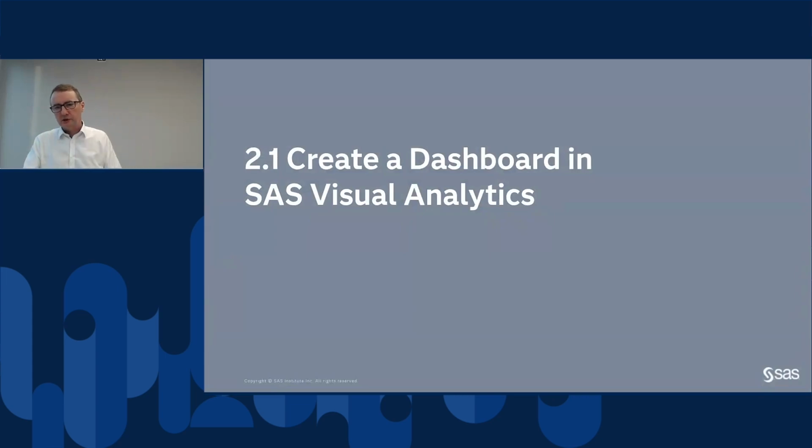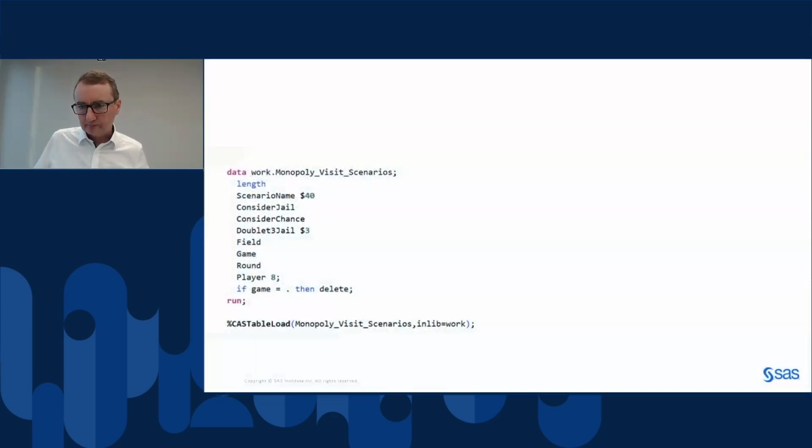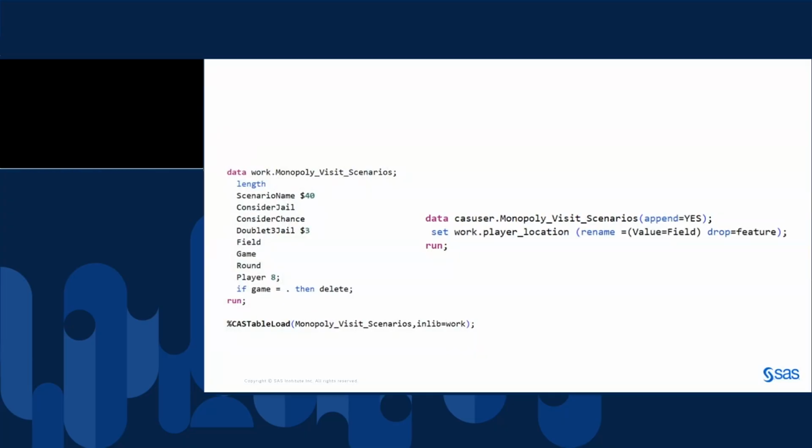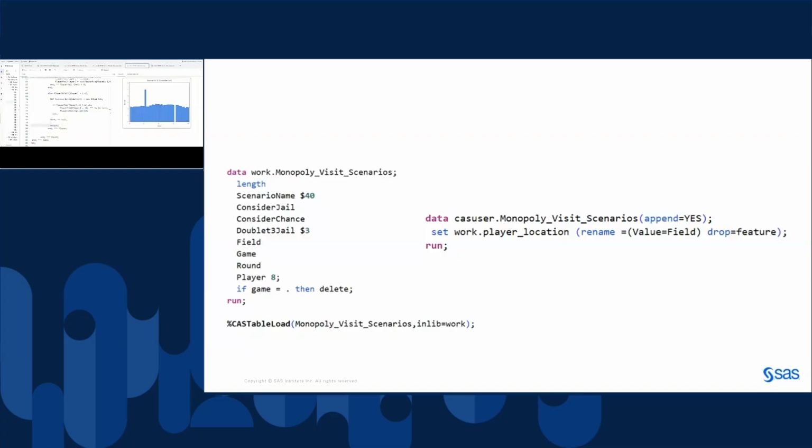So we jump into chapter number 2, and I'm going to explain you how you can create a dashboard in SAS Visual Analytics. The first thing that I did here is, and you see it in the video right away, I was creating an empty table as a repository, where I store my scenarios.